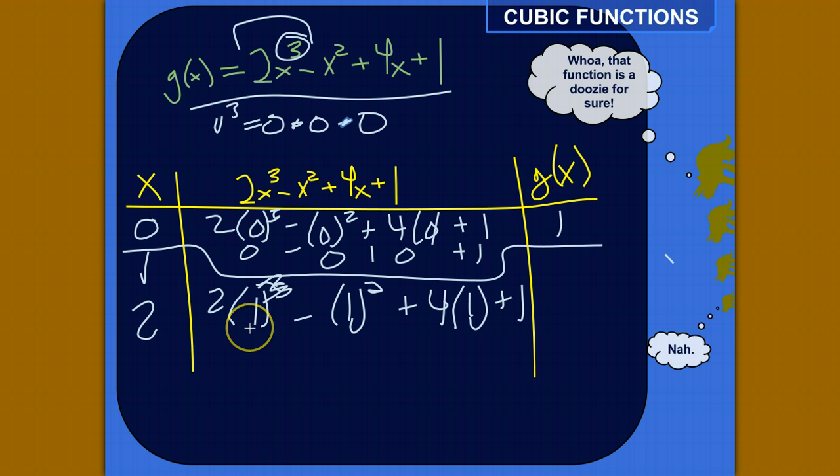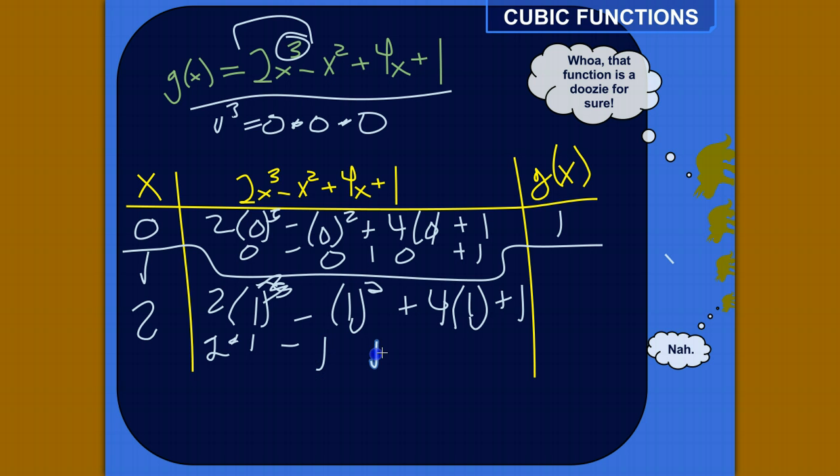Okay, so let's go forward again. So we're plugging in 1 into the function. So 1 cubed is 1 times 1 times 1, which is 1. So this is 2 times 1 minus, so 1 squared is 1 times 1, which is 1.